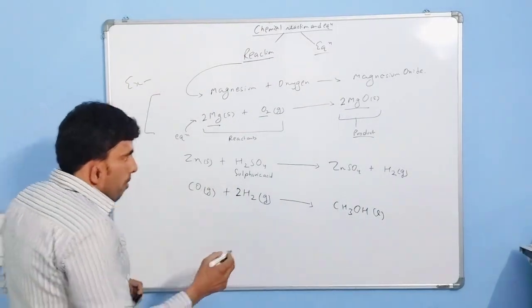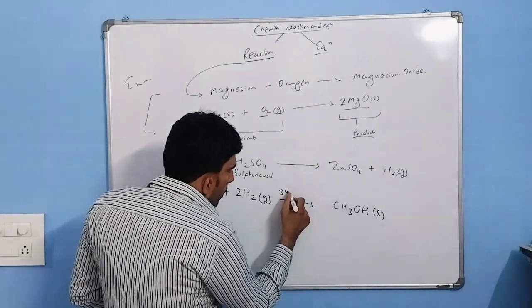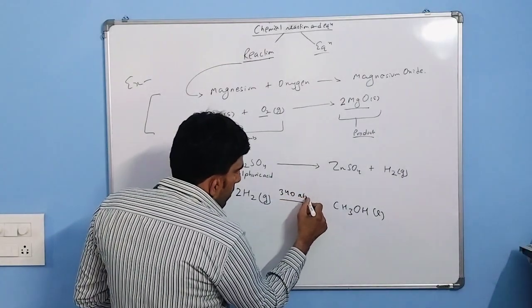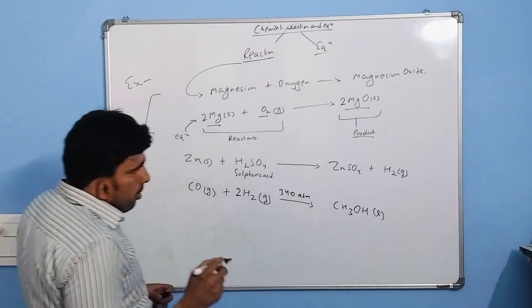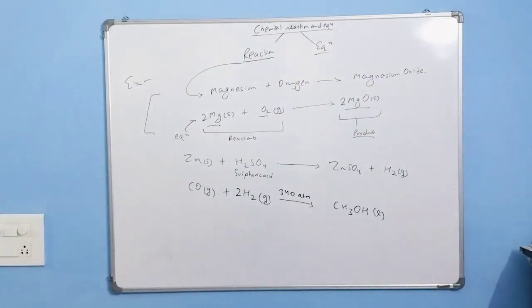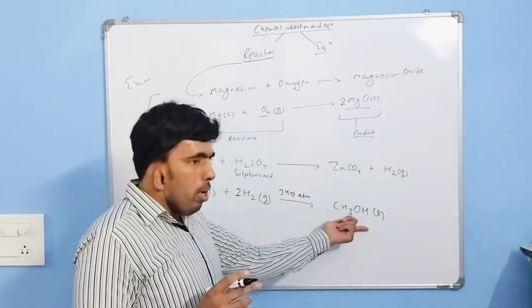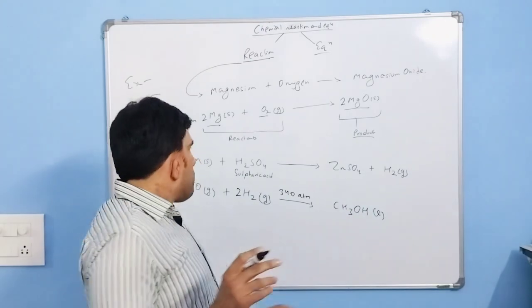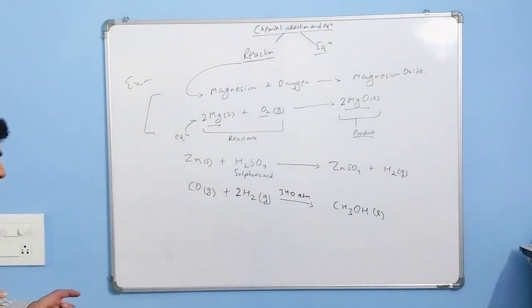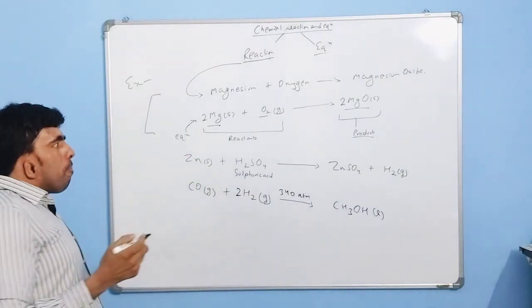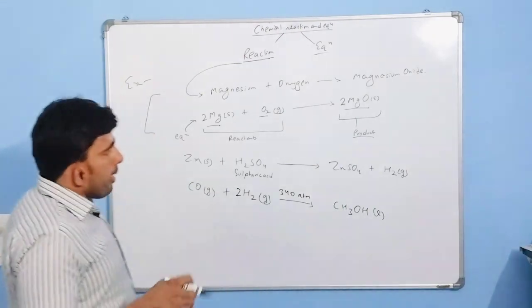One more thing I am writing is that at 340 atmospheric pressure we get the product called alcohol, methanol. So lots of reactions are there, and we can mention them and easily connect with that.